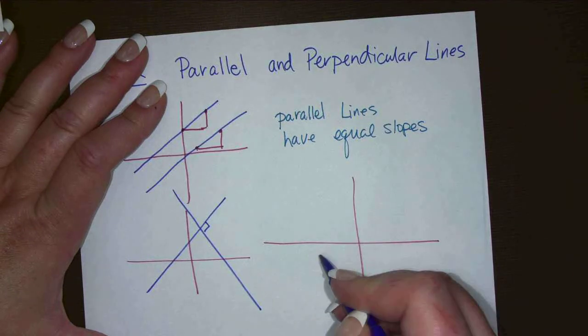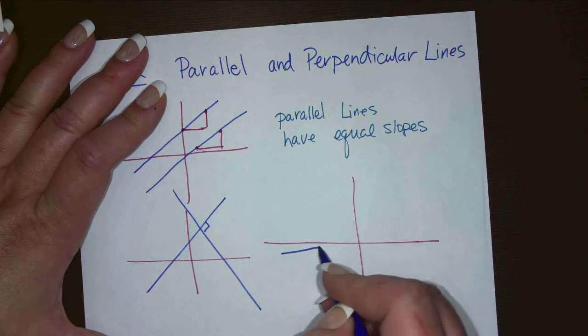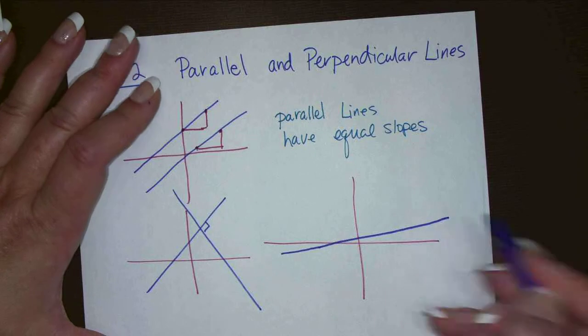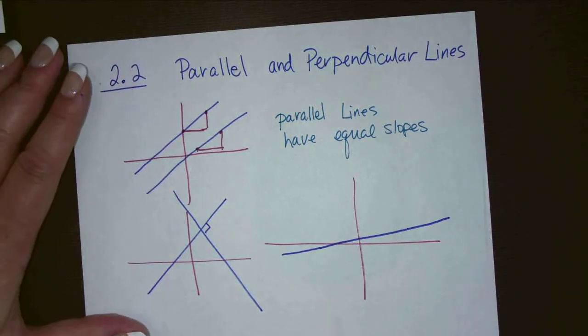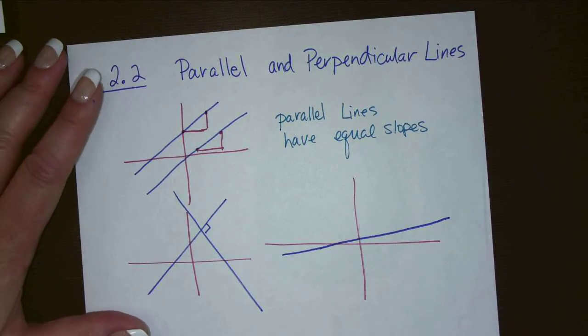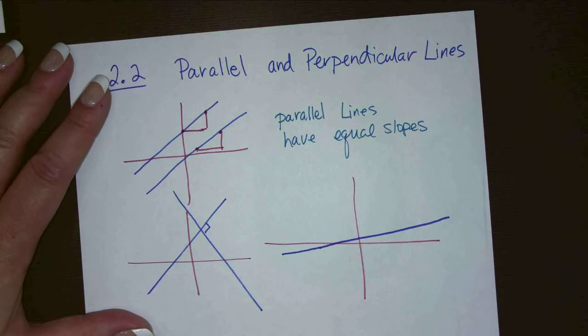Okay, so if I have a line here, what type of slope does that have? Positive, negative, fraction, or what type? So it's not very steep, so what type would it be? Less than 1?